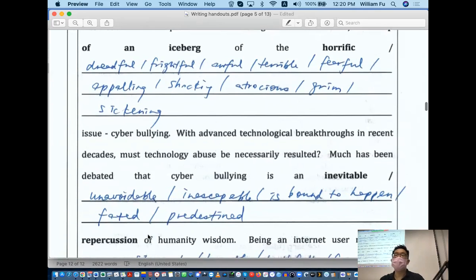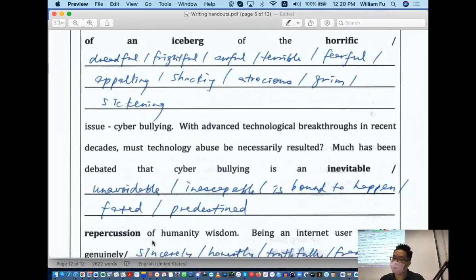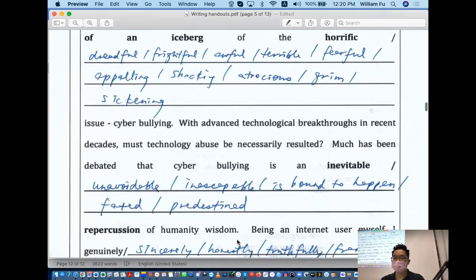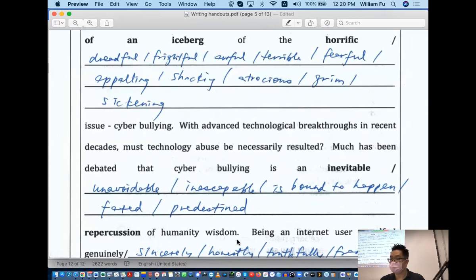Okay. Repercussion. Now, repercussion means bad effect. Okay, means bad effect of humanity wisdom. 人類嘅智慧, humanity wisdom. Okay. Now, this introduction is really powerful. Okay.